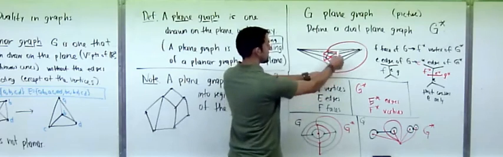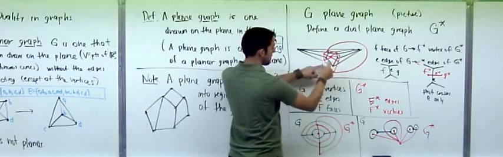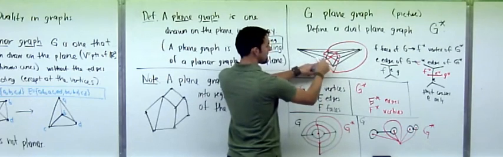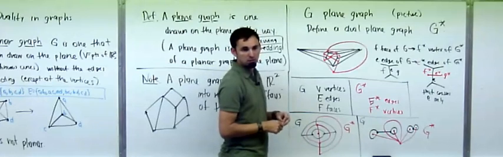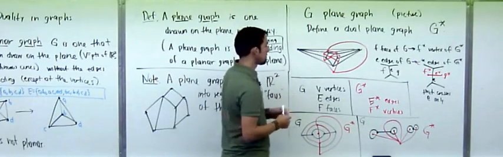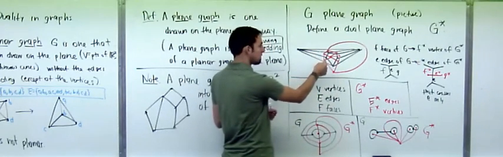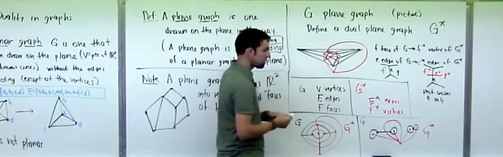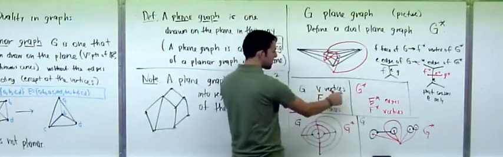For example, here's a red face, and there's exactly one black vertex inside it. Here's a red face, this triangle, there's exactly one vertex inside. Each red face contains exactly one vertex. Okay? And that makes sense because a face is just going around a vertex from this country to this country to this country. So the faces of G star exactly correspond to the vertices of G.